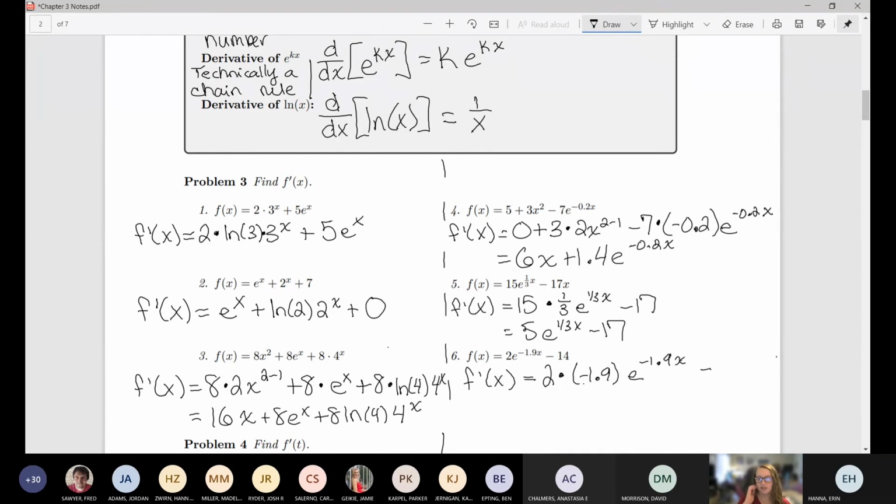Minus the derivative of 14. That 14 does not have a variable attached to it. It's just a 14 by itself, so it's going to be 0. If I multiply the 2 and the negative 1.9, I get negative 3.8 e to the negative 1.9x. And the minus 0 just doesn't need to get rewritten.